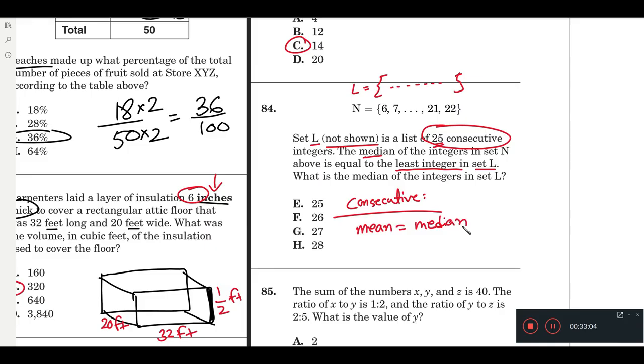That's one truth. It's a fact. Secondly, how do you find the mean? You can add the first one plus the last one and divide it by 2. That's how you find the mean. These are the two things I want you to remember about consecutive numbers.